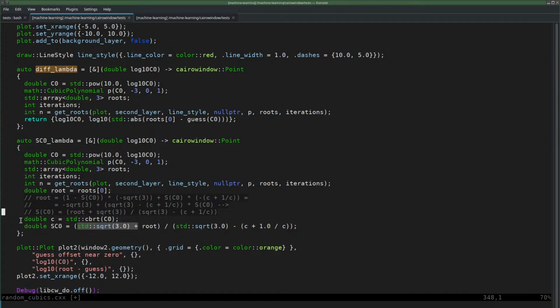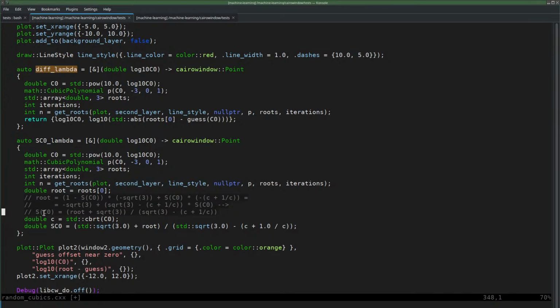So for very large C0, the root is going to be equal to this, which means that we get the same value divided by itself, which is 1.